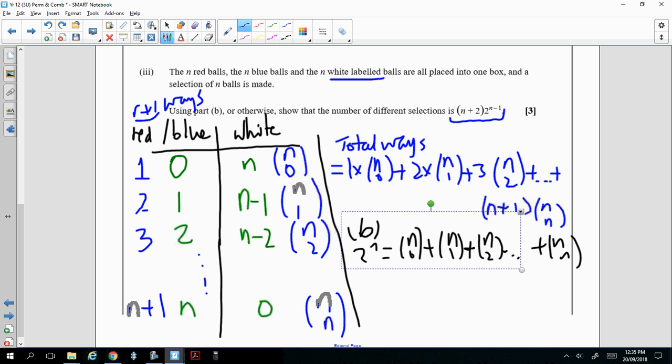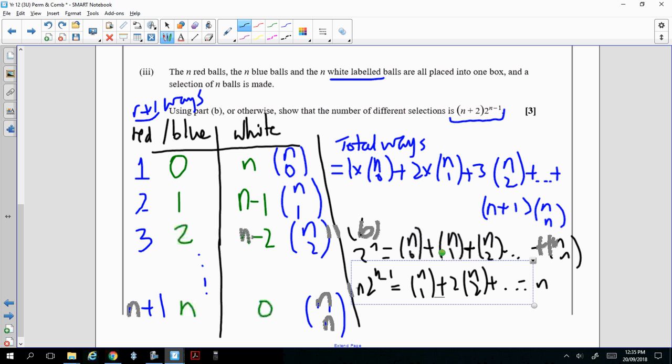Now, neither of these looks like the one above. So what do we do? If you look more carefully, you have to combine them, don't you? So how do we combine them? If you look at the coefficient, this is 2 times nC1, but there's no 2 in front. This is 3 times nC2, but nC2 has a 2 next to it.